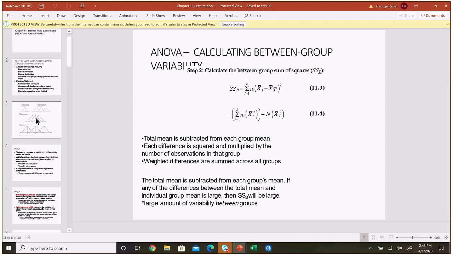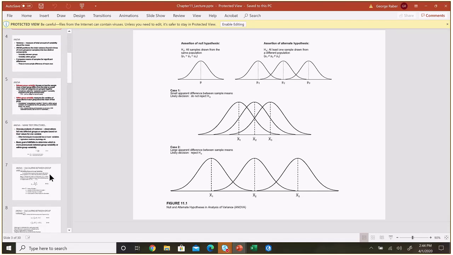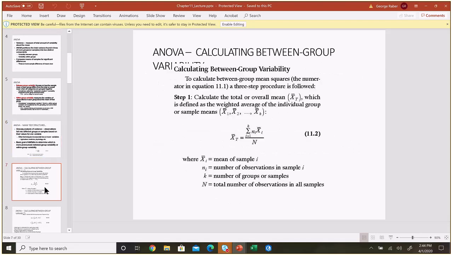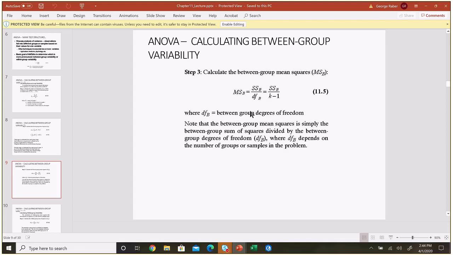In other words, as these values spread apart further, the variance is going to increase. This one's going to have a higher variance or sum of squares than this one. All right. So that's the sum of squares between the groups.